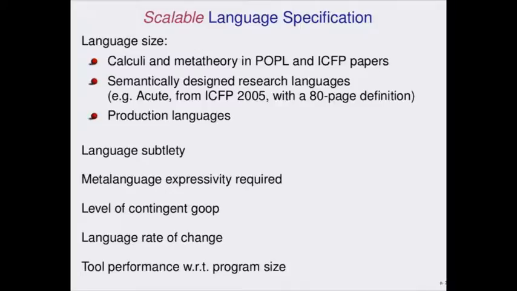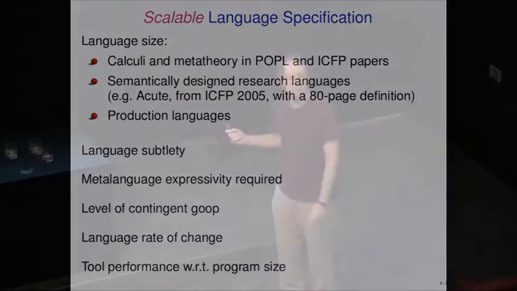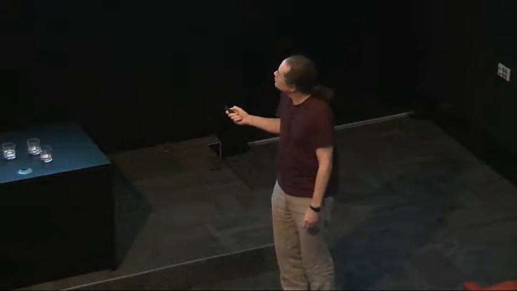Sometimes it might not have been completely clear. So one is whether we're talking about big languages or little languages. Several people have been talking about quite big languages, and slightly to my surprise, very few people have been talking about the things that semantics people usually spend their time working with, right?